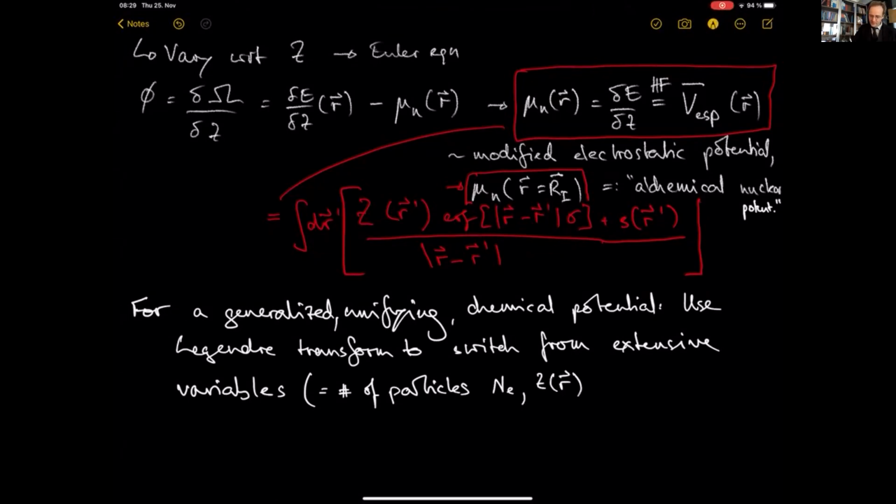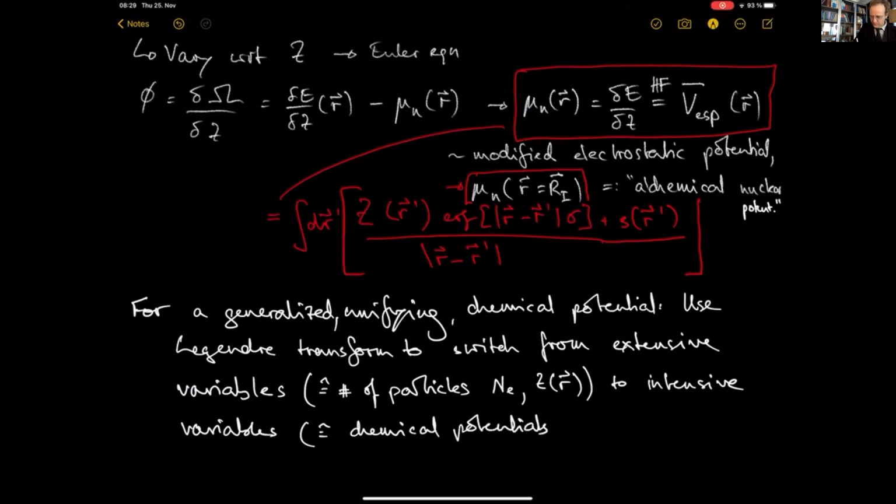So our proton distribution, to intensive variables, which is the chemical potentials. Okay.